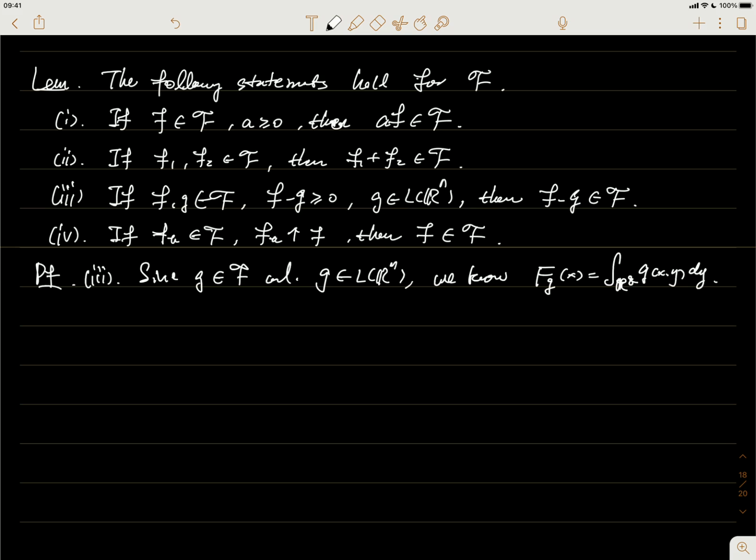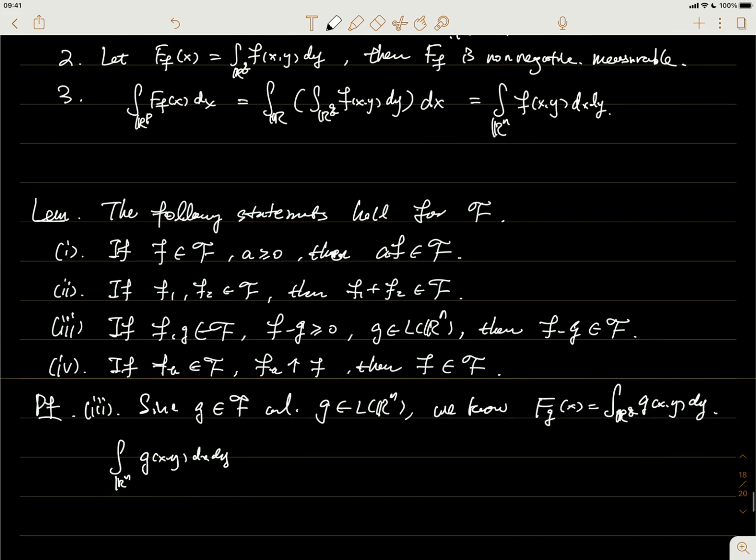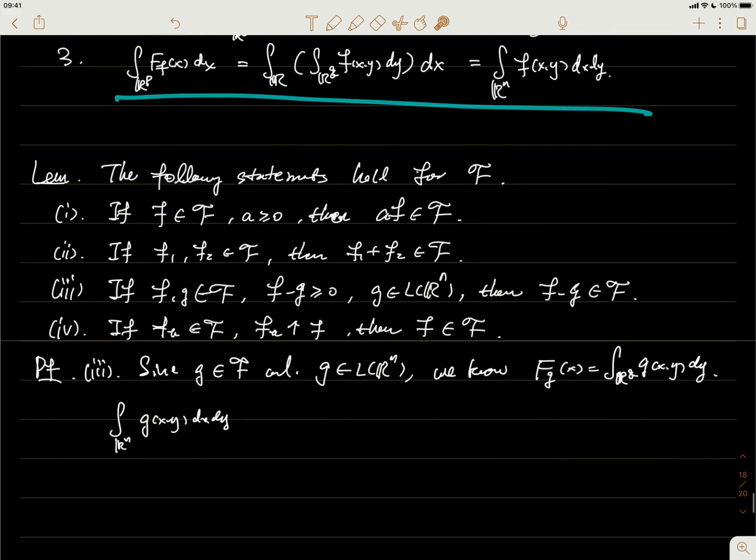Okay, so remember that since g is integrable, that means the integral of g(x, y) dx dy over Rn. Since g is in the set F, g satisfies the last property here, and that means this is also equal to the integral of fg(x) dx over Rp.